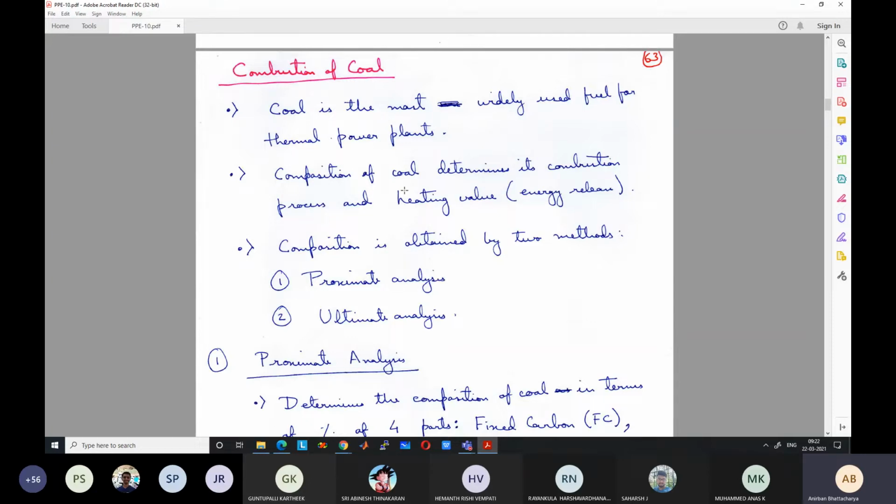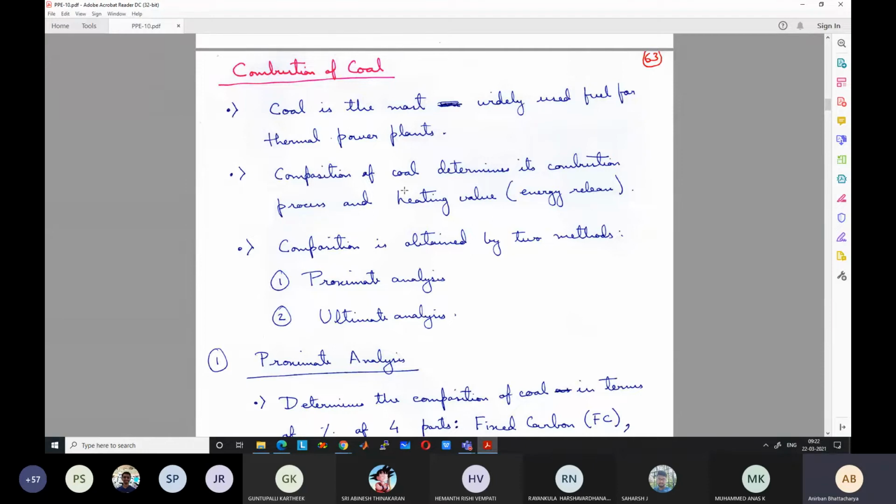Say the first batch of coal may have a slightly different composition, and the other batch of coal may have a slightly different composition. This is because of the way coal is generated: it is processed over a long time from biological materials under high pressure, lying inside or below the top surface of the earth.